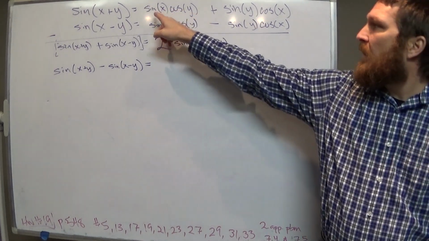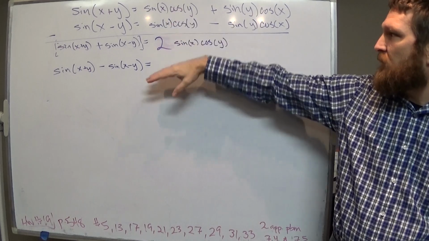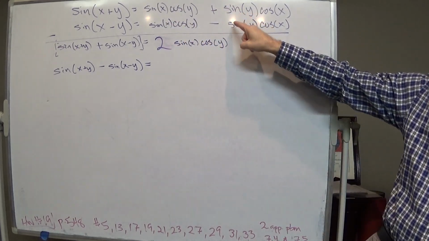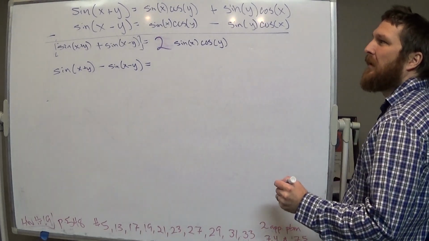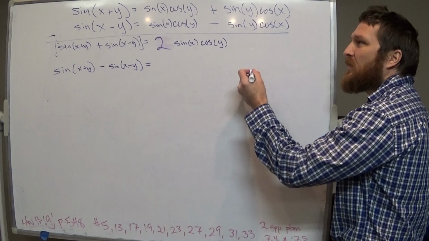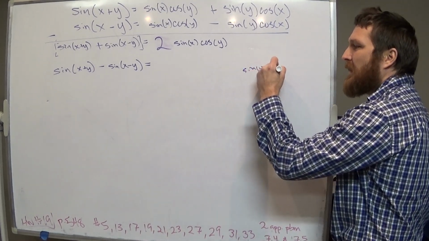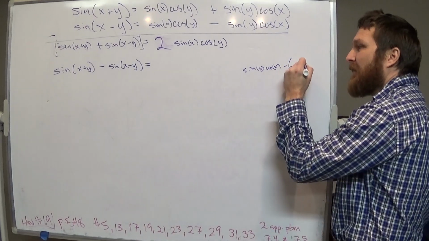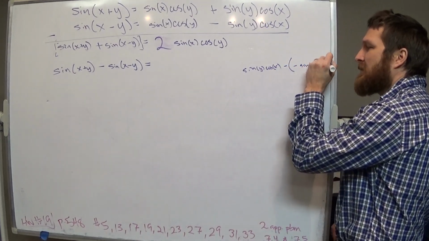So this thing right here, you take it and you subtract the exact same thing, it's gone. You take this and subtract that, and what do you get? The same, 2 sine cosine. 2 of them, right? Because you have sine y cosine x minus negative sine y cosine x.